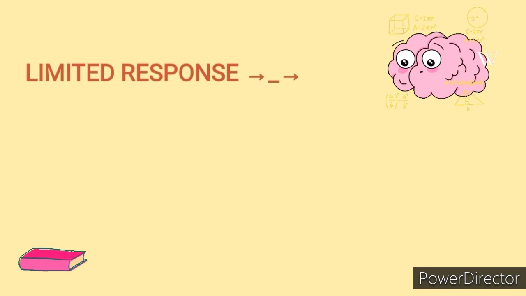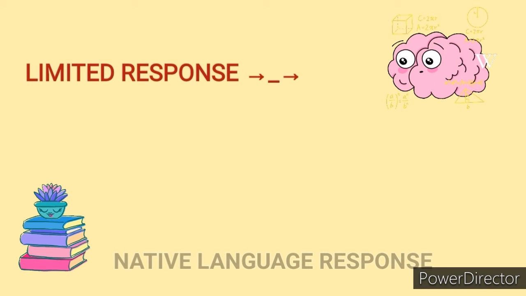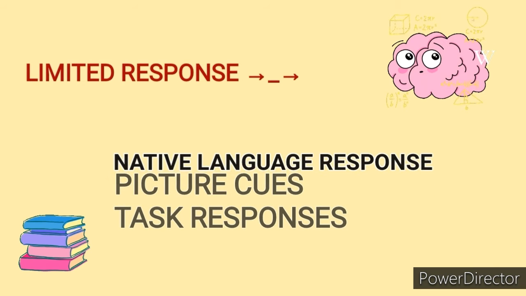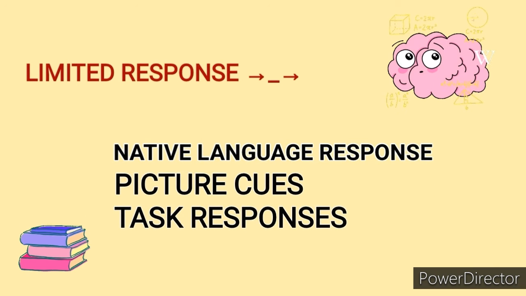In limited response, there are three simple, effective ways to test listening skill of beginning adults or children. The first involves listening and native language response. The second uses listening and picture cues. The third involves listening plus simple task responses.